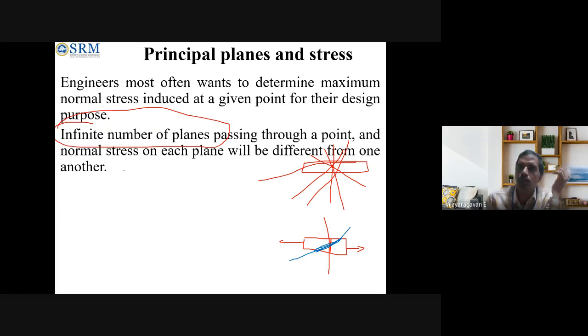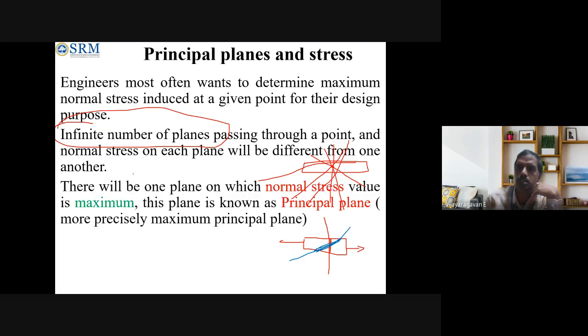For that only we use principal stresses. There will be one plane in which the normal stress will be maximum, and that plane is called the principal plane, or maximum principal plane.